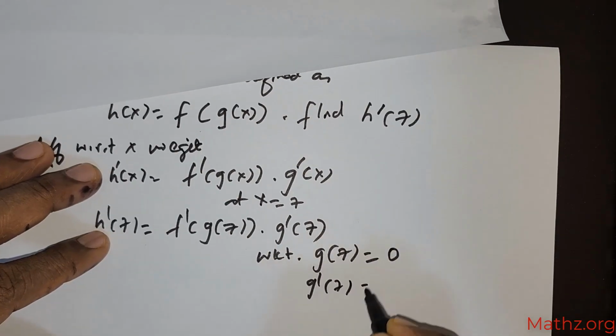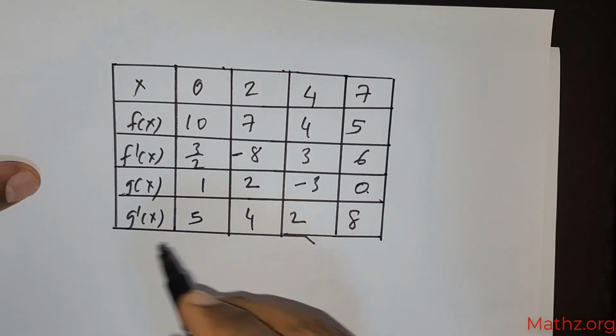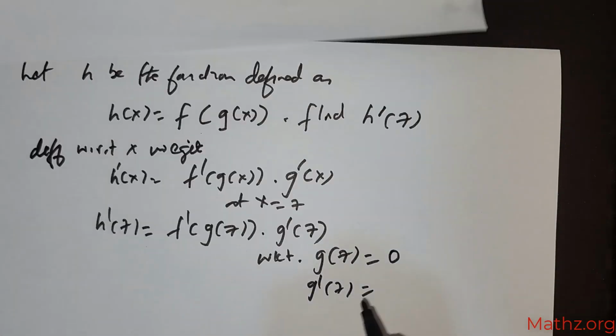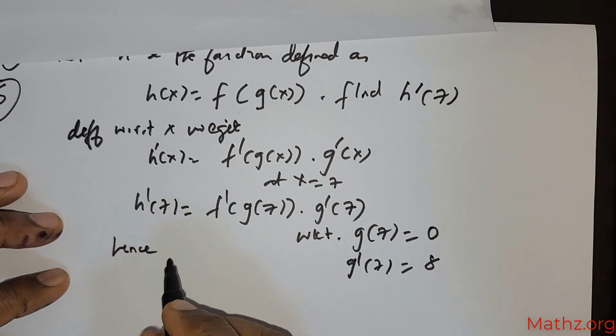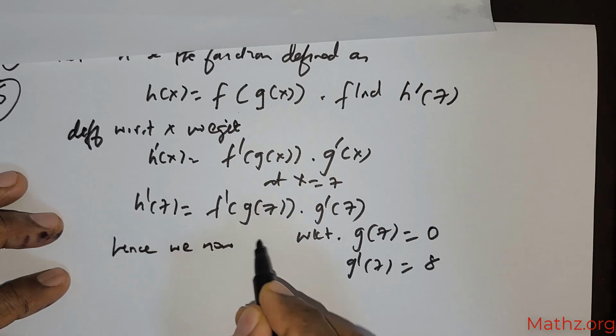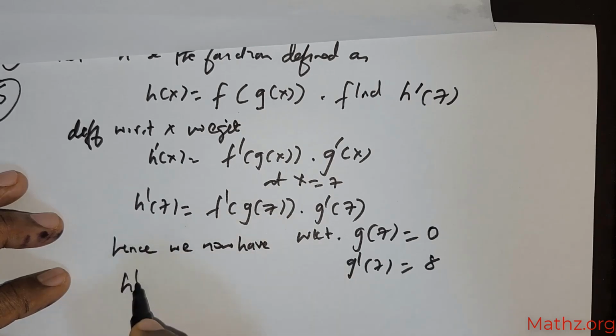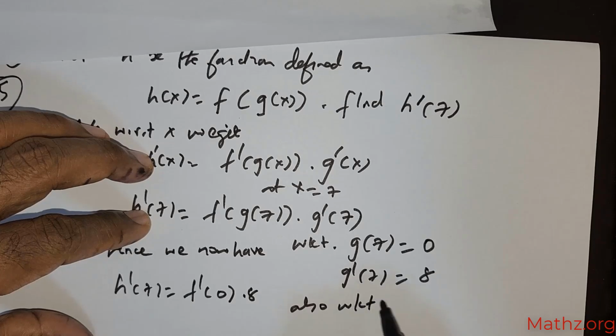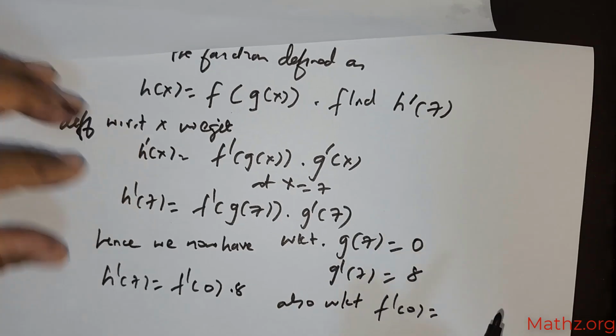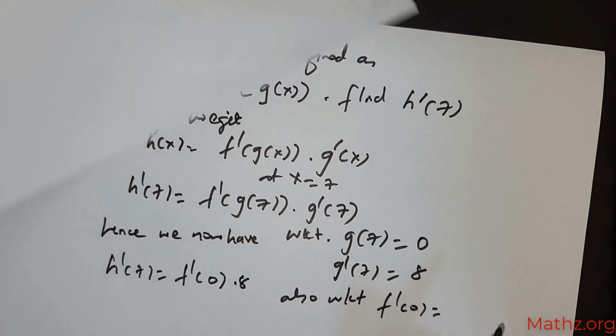And g dash of 7, what is g dash of 7? 8. So hence we now have h dash of 7 is equal to f dash of g of 7 is 0, g dash of 7 is 8.